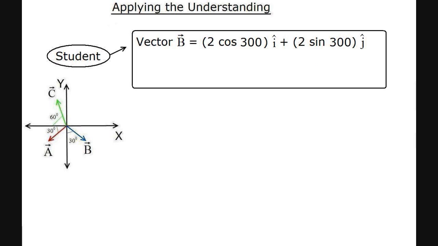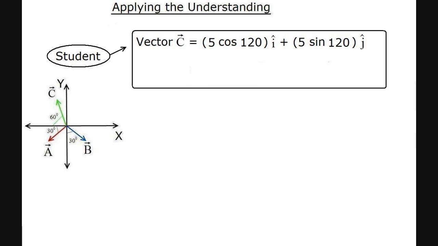Vector B bar is equal to 2 cos 300 degrees times I hat plus 2 sin 300 degrees times J hat, which is equal to 2 sin 30 degrees times I hat minus 2 cos 30 degrees times J hat.